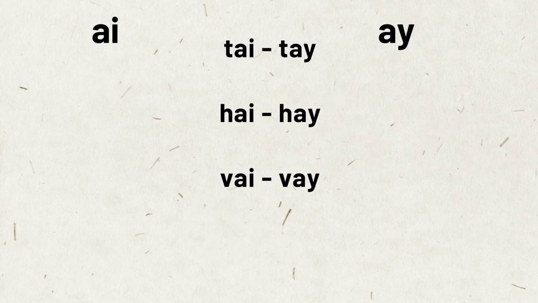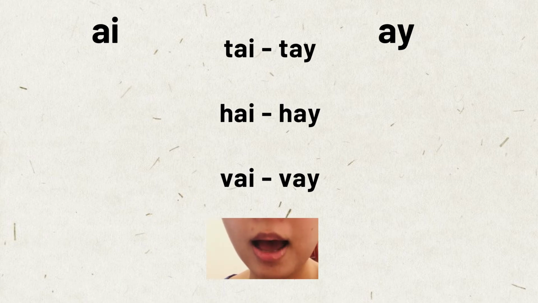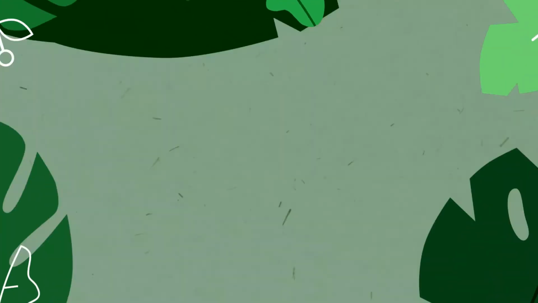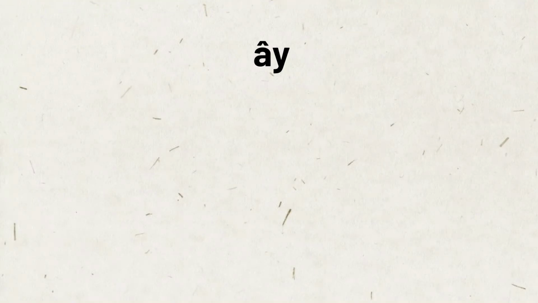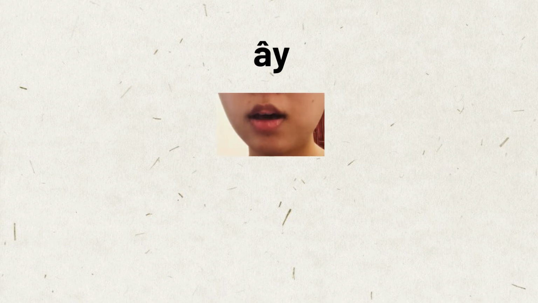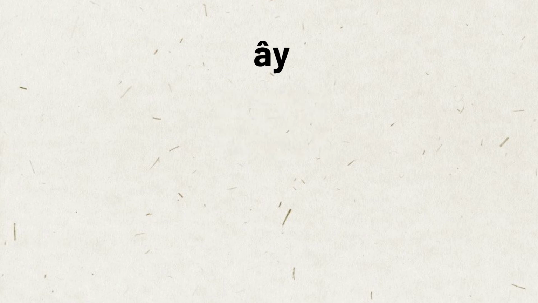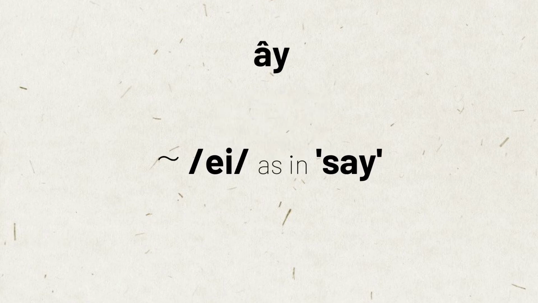Here are some examples. Tay, hay, vay. On to ây. This diphthong sounds a lot like the English A as in say. However, let's do this to make it sound even more Vietnamese.